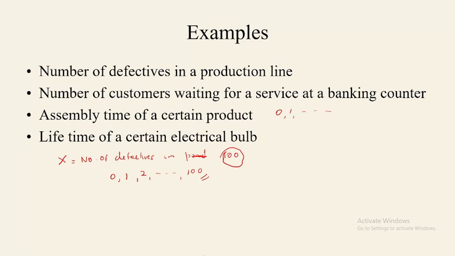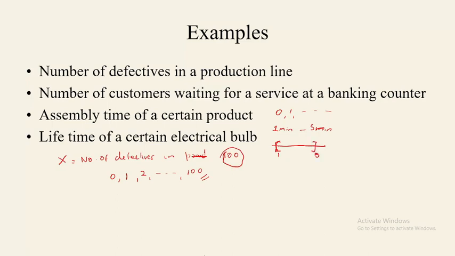Then, assembly time of a certain product, X. It takes a minimum time of 1 minute and a maximum time of 5 minutes, say. To assemble a particular product, the assembly time may vary between 1 to 5 minutes. So here X takes an infinite number of values because this is our time period, 1, 2, up to 5.